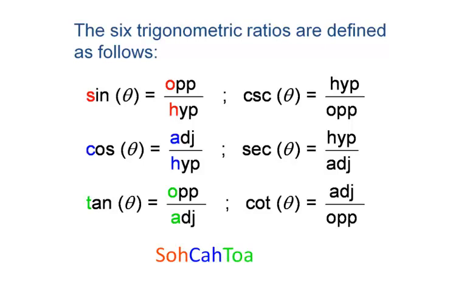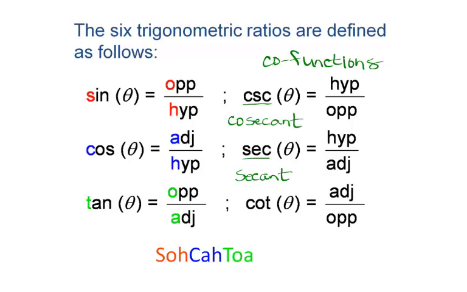Let's talk about their cofunctions. Sine, cosine, and tangent each have their own cofunction. Their cofunctions, this is cosecant, this is secant, and this is cotangent.